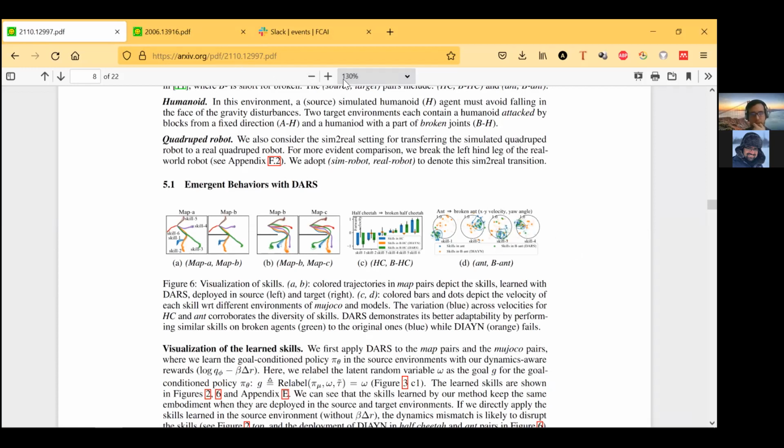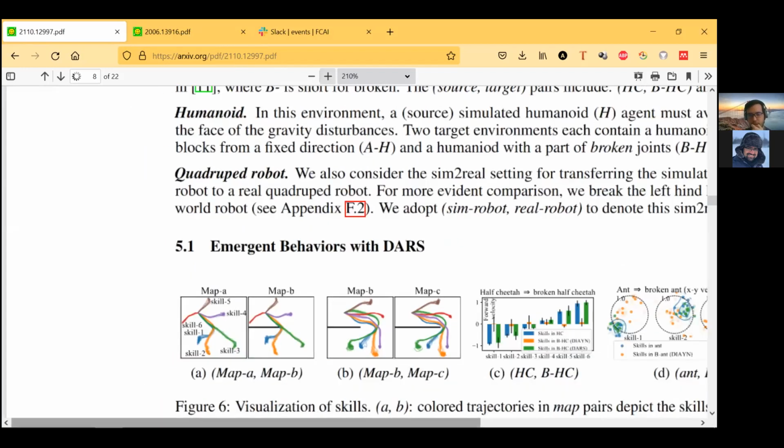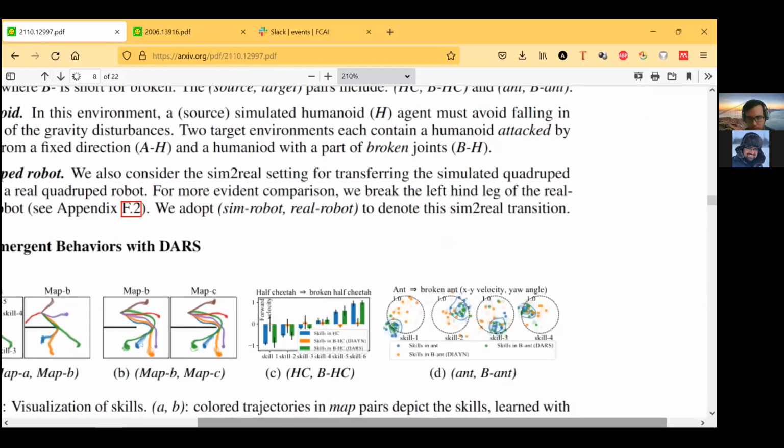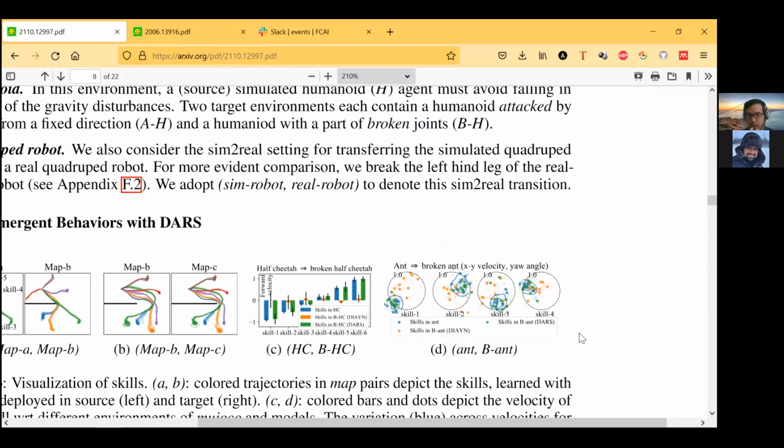I don't know exactly what the plot about the ant is showing in detail, but maybe you avoid using joints that do not work on the target or something like that. I'm not sure I can interpret this easily.